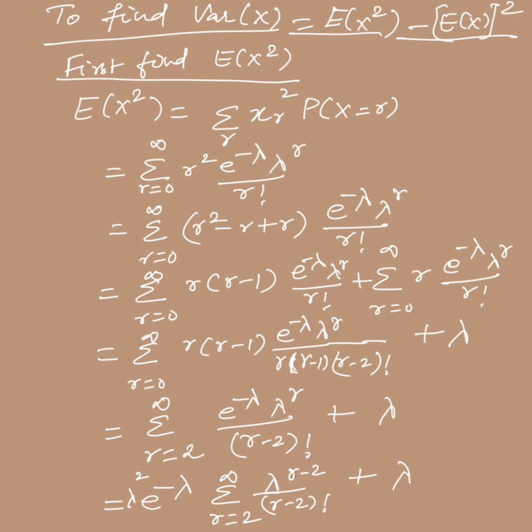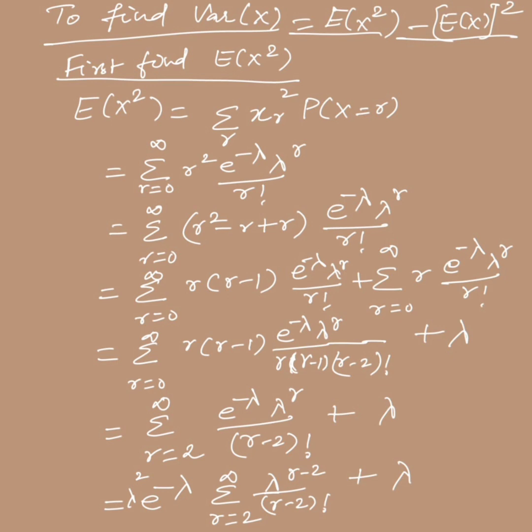E of x square follows the same procedure: sigma of r square p of x equal to r, varying from 0 to infinity, so r square e power minus lambda, lambda power r by r factorial. We cannot proceed with this r square, so one r is added and subtracted, so that we can split the whole summation into two summations.